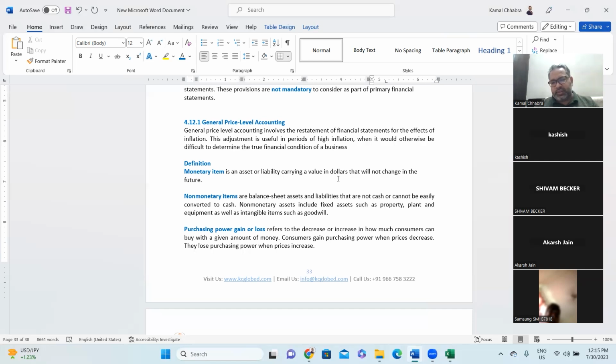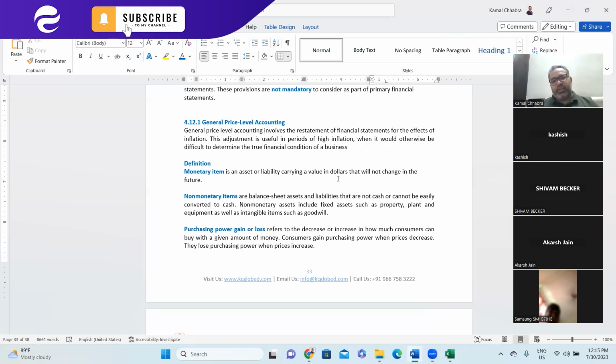So non-monetary assets include your fixed assets such as property, plant, equipment, as well as intangible items such as goodwill. Purchasing power gain and loss refers to the decrease or increase in how much a consumer can buy with a given amount of money today and maybe in a future period or in the past period. Consumers gain purchasing power when the price decreases. So they lose purchasing power when the price increases.